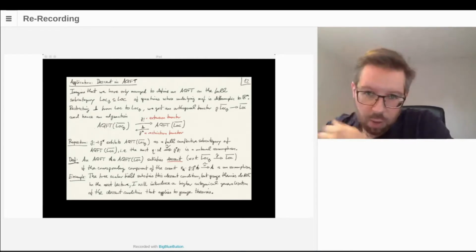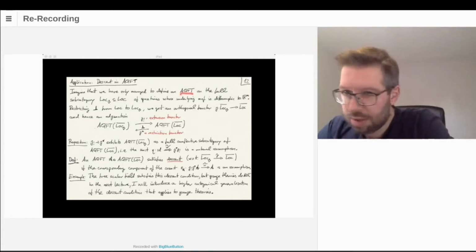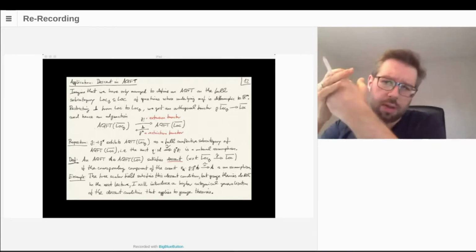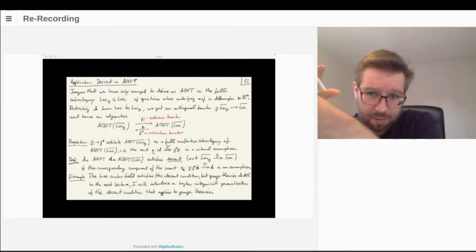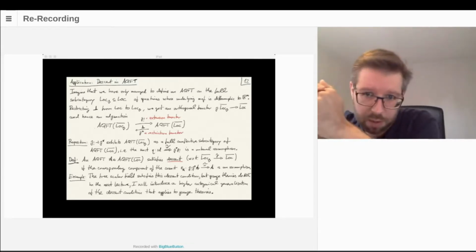So imagine the following practical situation. Imagine that you want to define an AQFT on the category of all spacetimes, Loc, but somehow it's complicated because some spacetimes can have complicated topology, and your construction doesn't work for non-trivial topology.